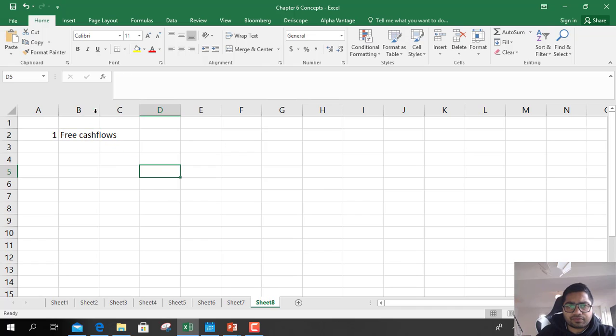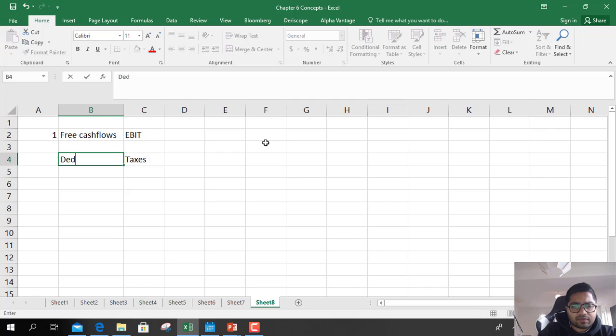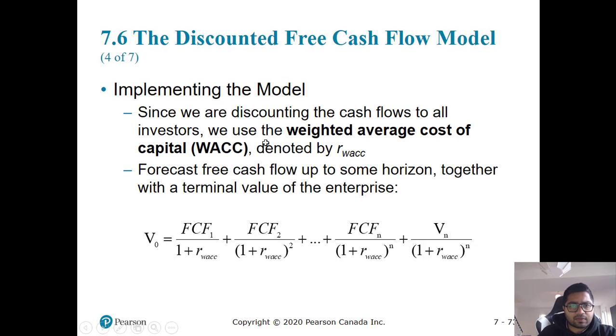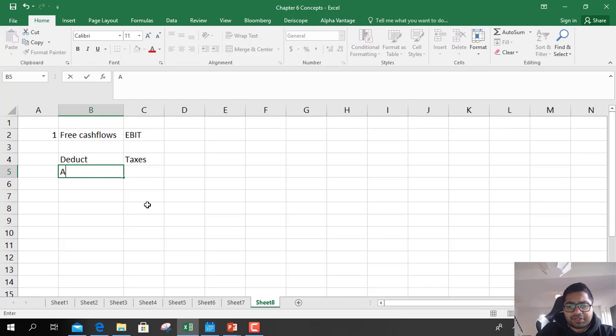Okay. How do you calculate free cash flows? You take EBIT. You deduct taxes. Then you add back depreciation. Then you deduct capital expenditure.